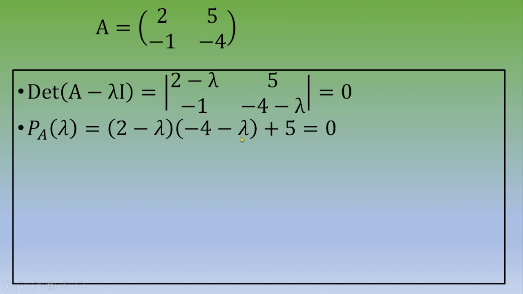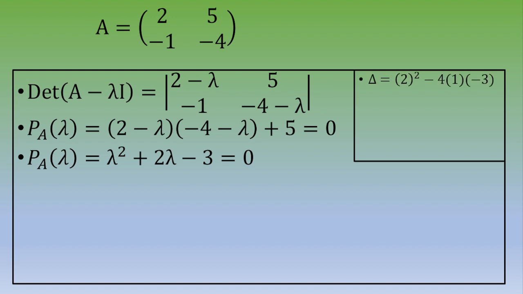So if you expand, you end up with lambda squared plus 2 lambda minus 3 equals 0. So this is a quadratic equation. We would like to find out the roots, so we need to calculate what we call the discriminant, b squared minus 4ac, and the value of the discriminant is 16, and we know that the square root of 16 is 4.